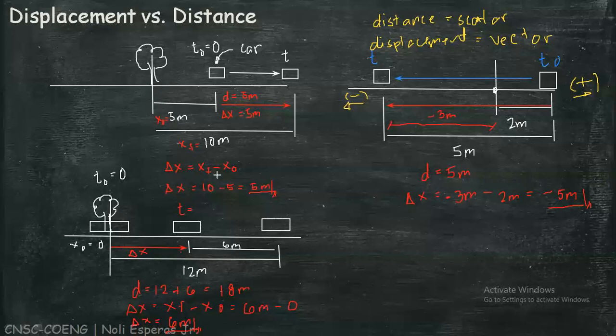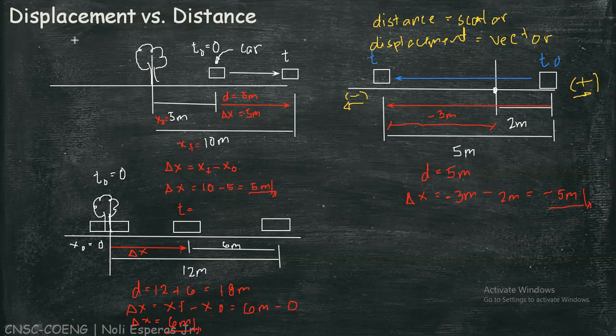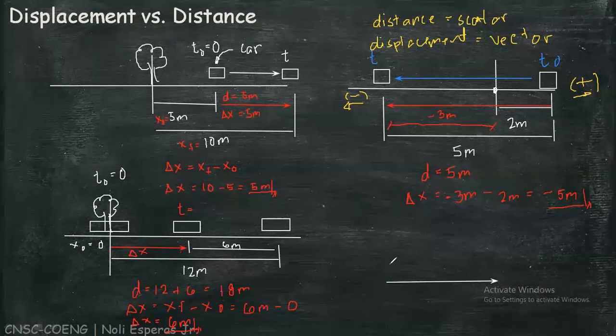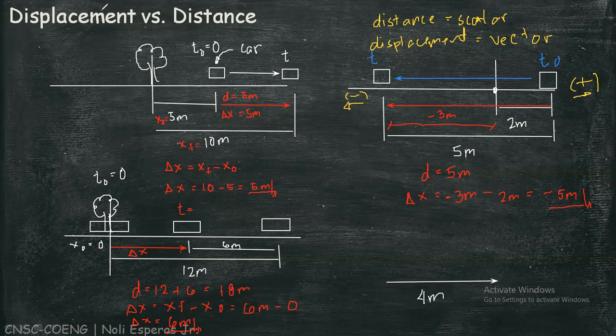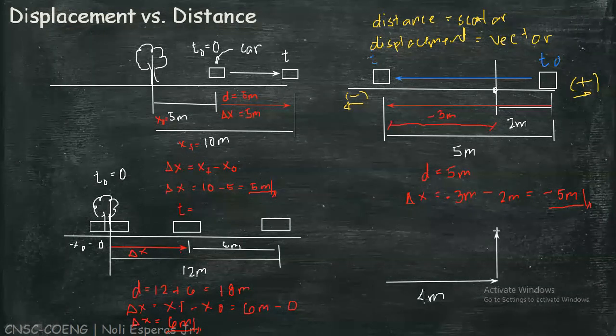Okay, so let's have another example. Suppose you are going to a store which is located, let's say, 4 meter west, and 3 meter north.